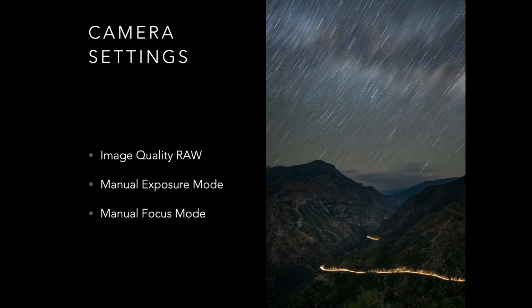You want full control over what your camera is doing when you're shooting in dark conditions, if for no other reason than the camera doesn't really know what to do when there's no light. The meter inside the camera is based on how much light is coming in through the lens, and there's none coming in when you're in a dark sky environment. So the camera doesn't have any accurate idea of what to do with that situation.